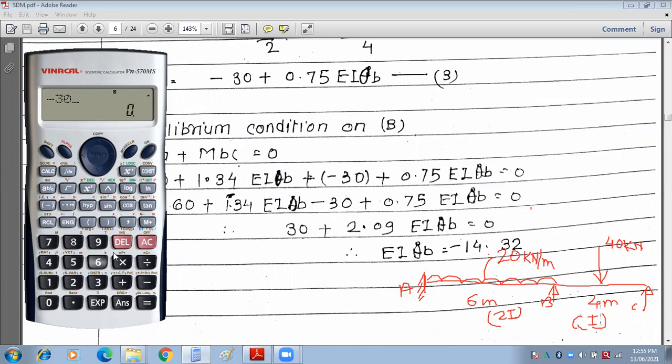Minus 30 into 0.75 into 14.32, bracket minus 14.32 actually.